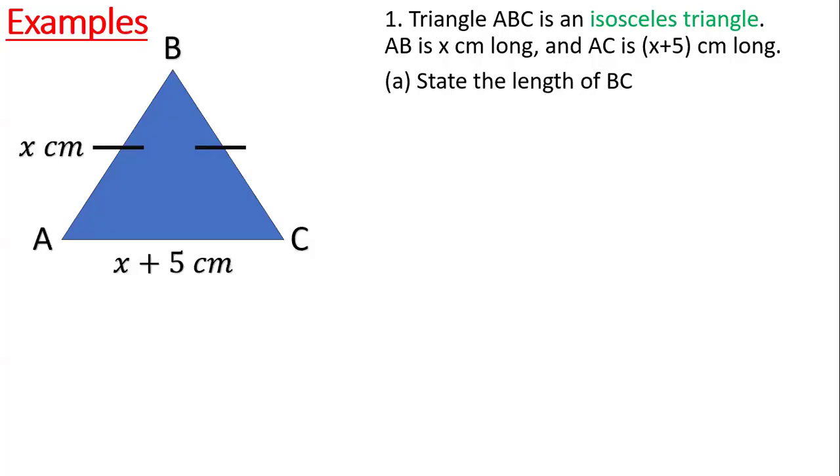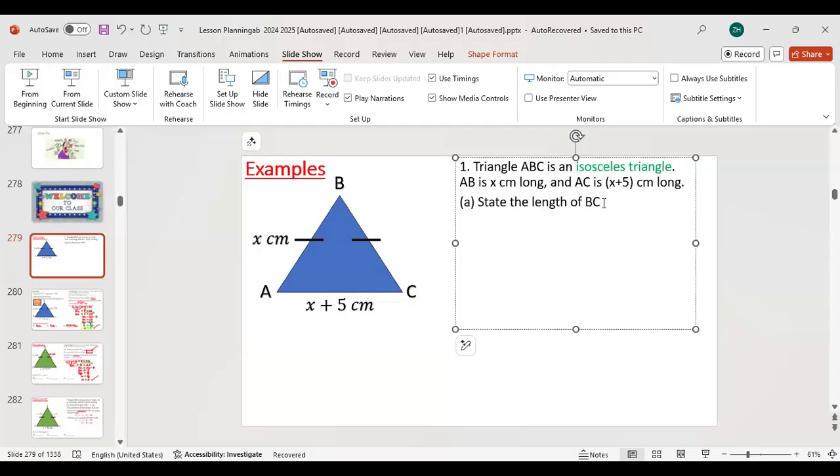Very good. So you want to figure out the length of BC. How are we going to figure out the length of BC? BC is this side right here. Any ideas? What is going to be the length of BC?